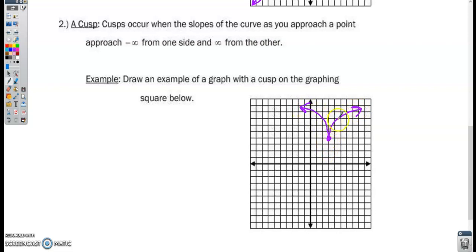And so when these two meet, we end up having a cusp. We could also have a cusp in the other direction where it approaches +infinity from the left and -infinity from the right. Alright, so that's a cusp. That's another kind of non-differentiability.